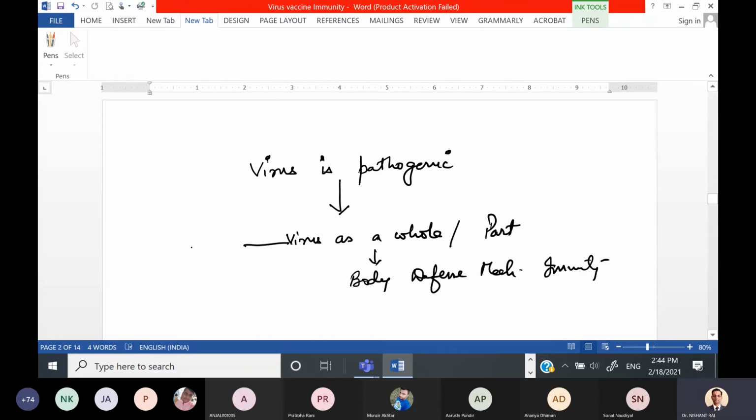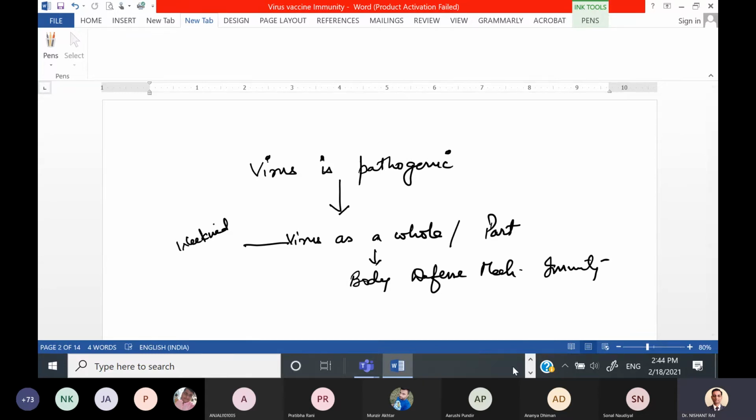It should not be pathogenic, right? It should be weakened enough that it has no ability to cause disease, and we call it attenuation.